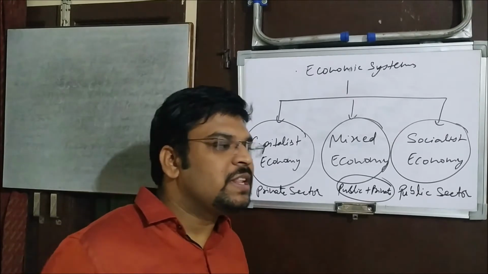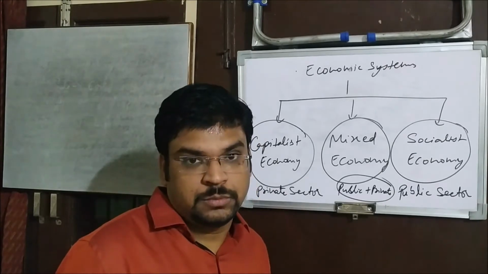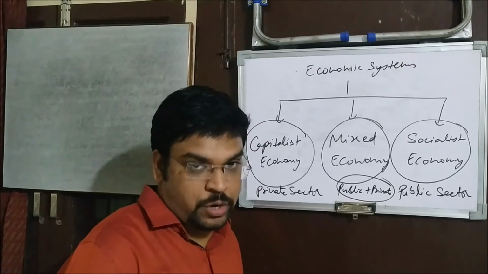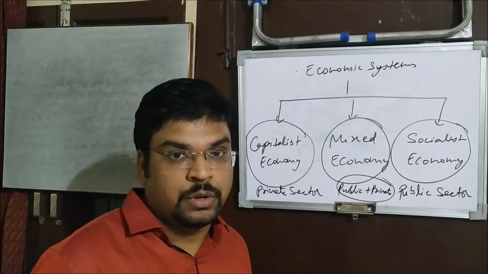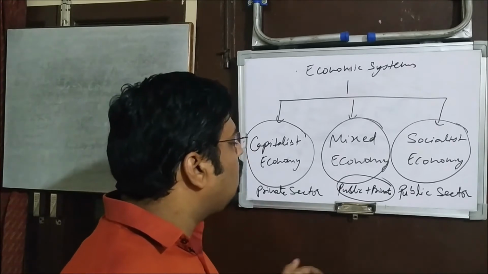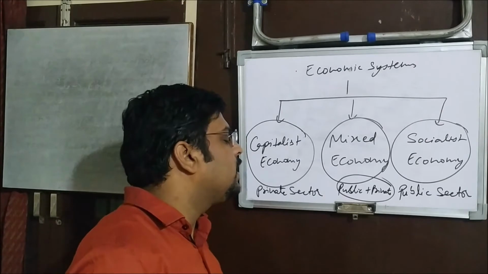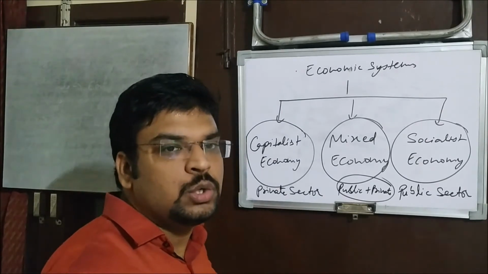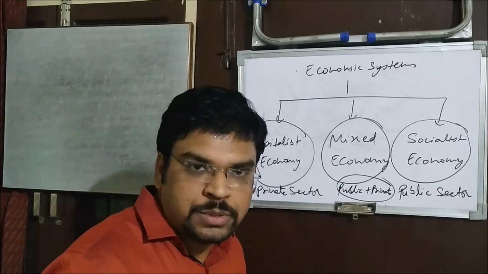The government gives subsidies on many items so that people below the poverty level can also afford them, and that is possible because public sector units are there. So let's move further. After 1947, when India became free, there was a question before the Indian government of which economic system to choose, and they chose the mixed economy system.